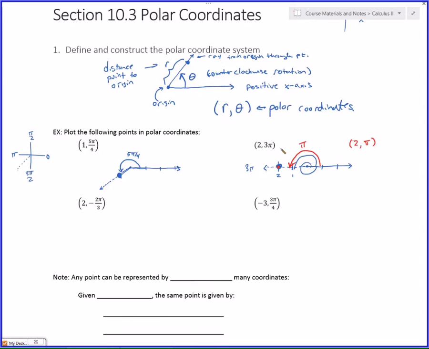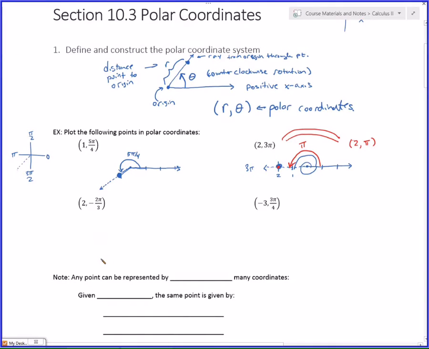It's not 2 different locations, it's not 3 different locations. You know where it is now. On the other hand, any point on the plane will actually have lots of different coordinates that could represent that same point. For example, 2 comma pi is the same point as 2 comma 3 pi. In a moment, we'll see just how many coordinates each point actually has.